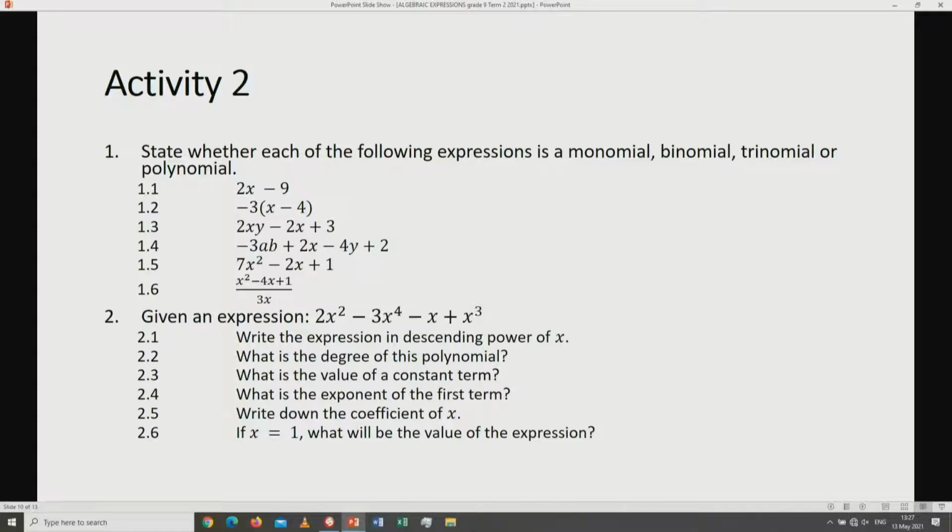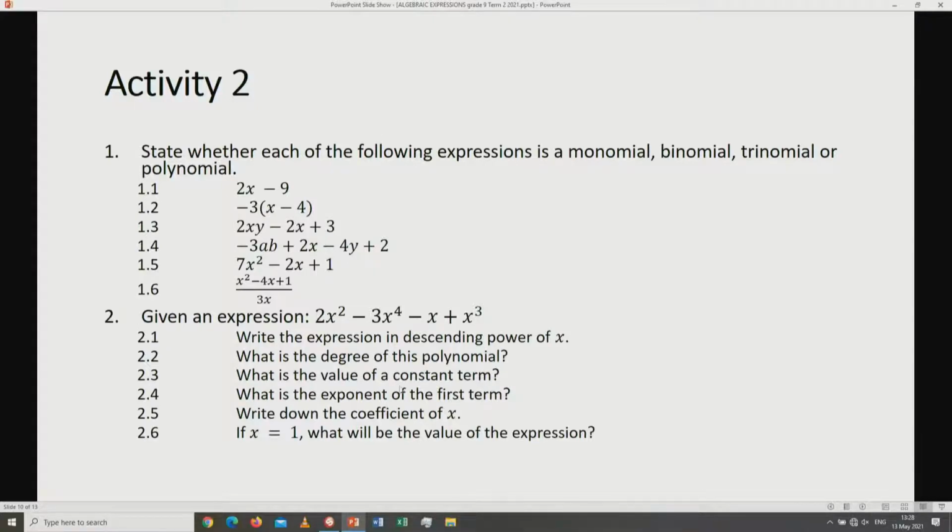When you refer to a constant term, you refer to a term which does not have a variable. Can you see we see a variable here, here, here, and here. So all these terms have variables. So the one which does not have a variable is not there, and therefore the constant value is how much? 0.